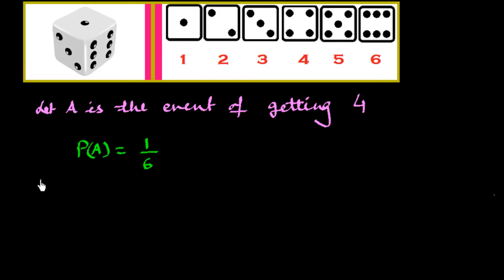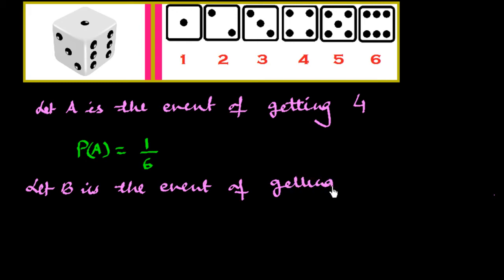Now let B be the event of getting an even number. So here we find the probability of B. Probability of B is equal to, now we have to see how many favorable outcomes we have.